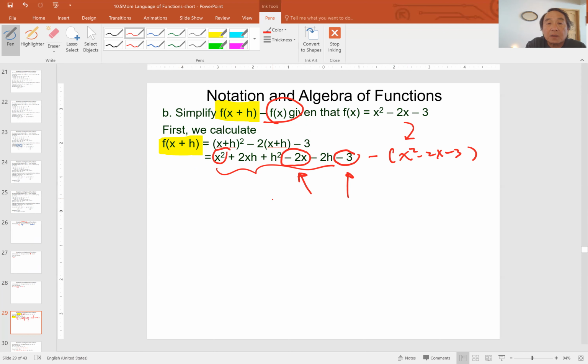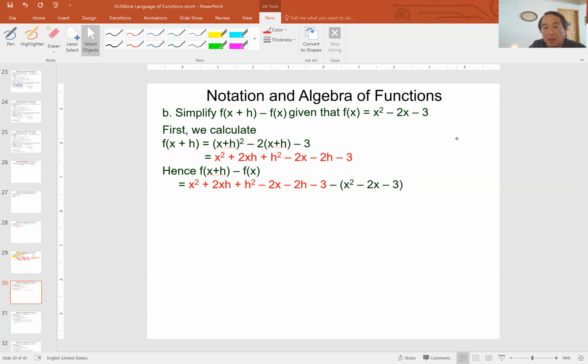In other words, the parts without the h, that copy is precisely the original f of x. That's the part you want to subtract out. So if I subtract these two, what I will have is the terms that are left with h.